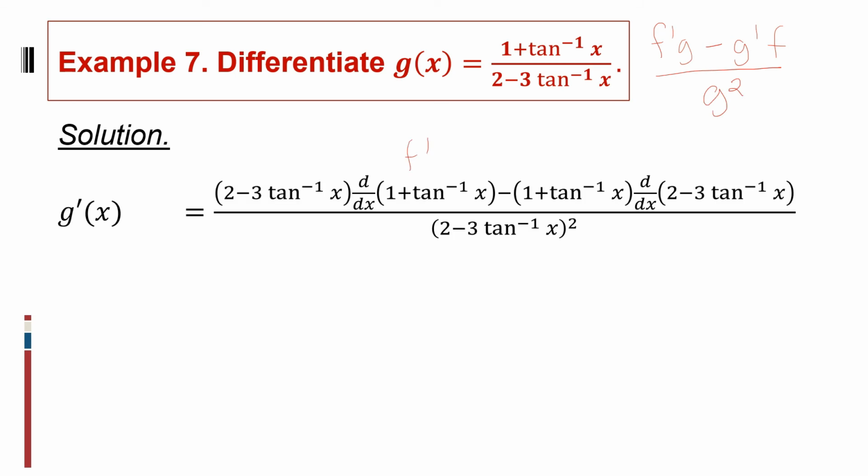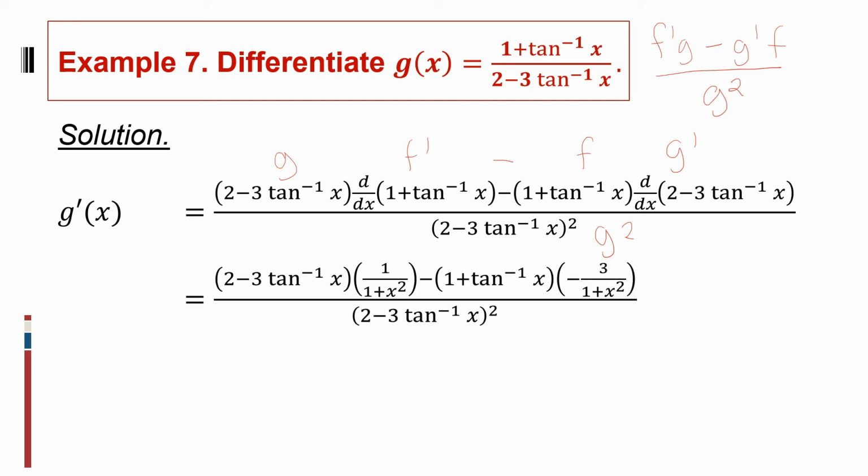So we have f prime times g minus g prime times f all over g squared. So that is 2 minus 3 arctan x times the derivative of 1 plus arctan of x minus 1 plus arctan x times the derivative of 2 minus 3 arctan x all over the square of 2 minus 3 arctan x.